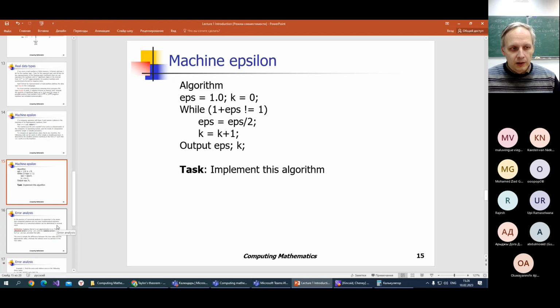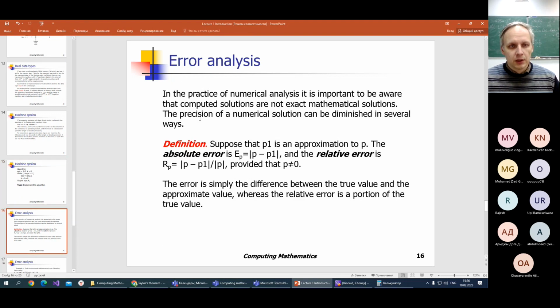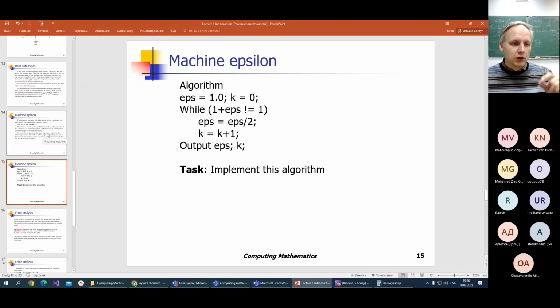Okay. Now let's discuss again about the errors. You see here that we write some program. When we write any program or algorithm that operates with real numbers, it includes some error, some machine epsilon.